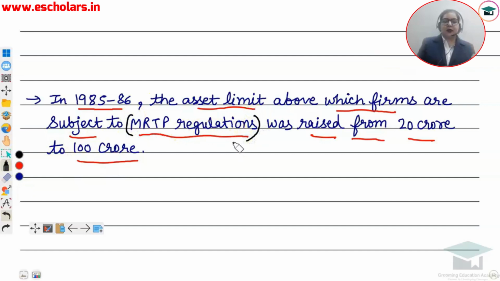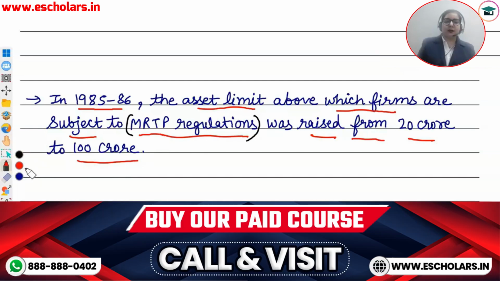So the companies earlier 1985 to 1986 were required to follow the MRTP regulations if their asset limit was 20 crore. But now the asset limit for the firms that will be subject to follow the MRTP regulations was raised to 100 crore. Okay. So this was one of the relaxations made to the firms in order to fulfill the MRTP regulations. So let's recall it till now.